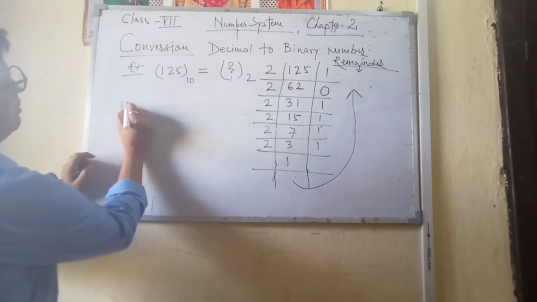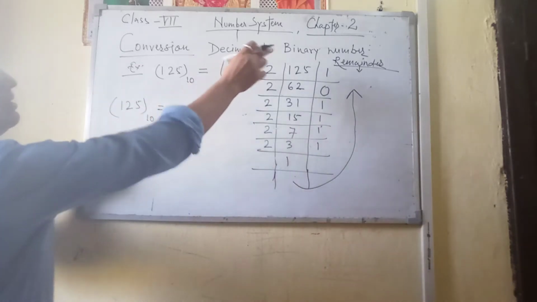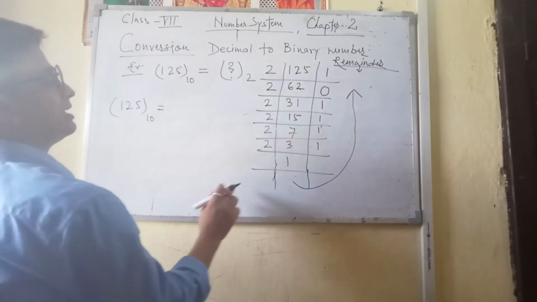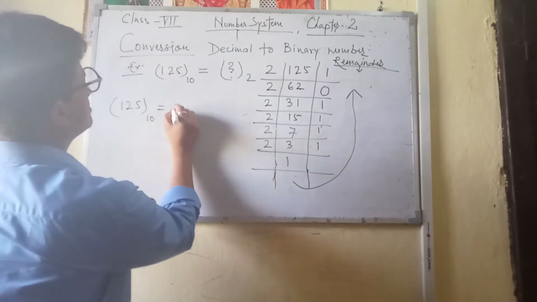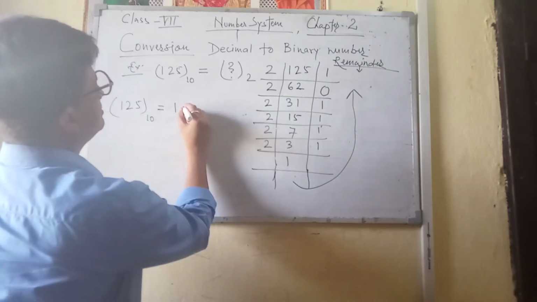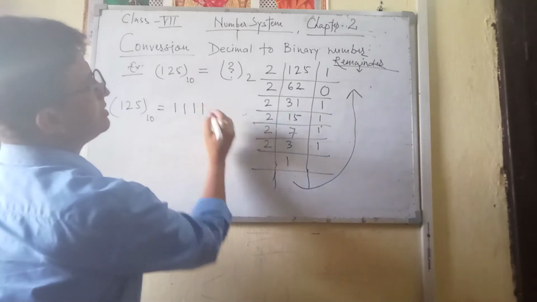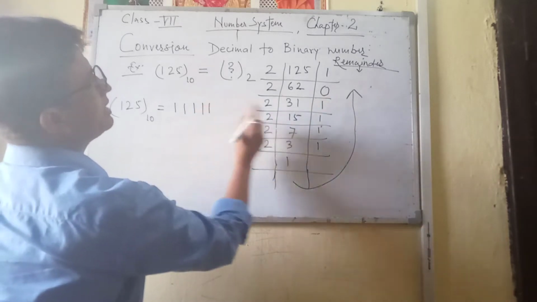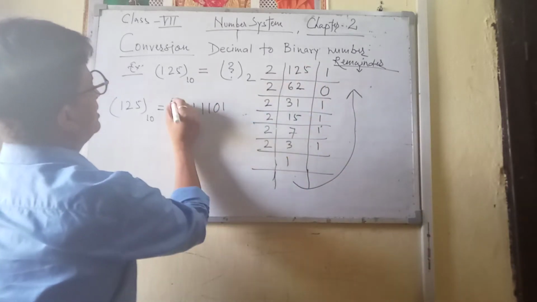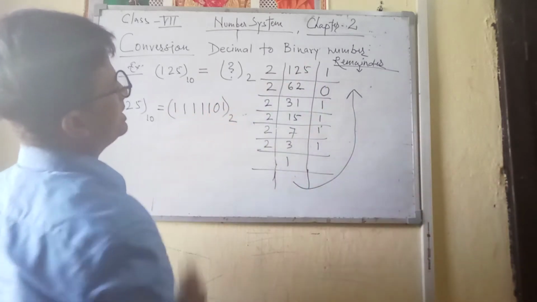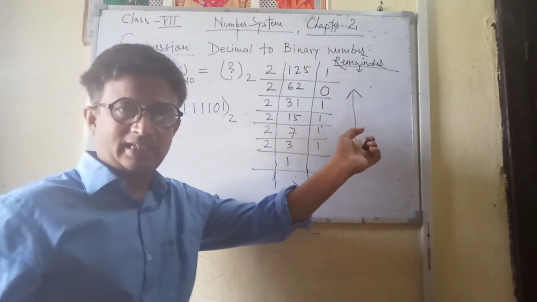See, 125 base 10: for the binary number we start from this point with 1, then 1, 1, 1, 1, then 0, then 1. Your binary number is ready. This is the conversion of decimal to binary number.